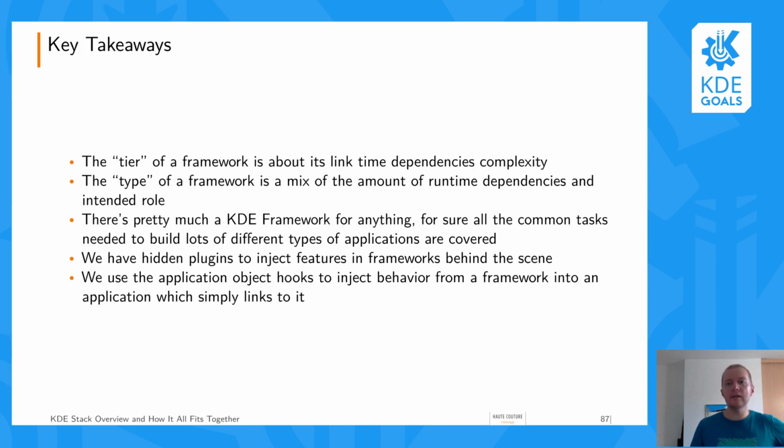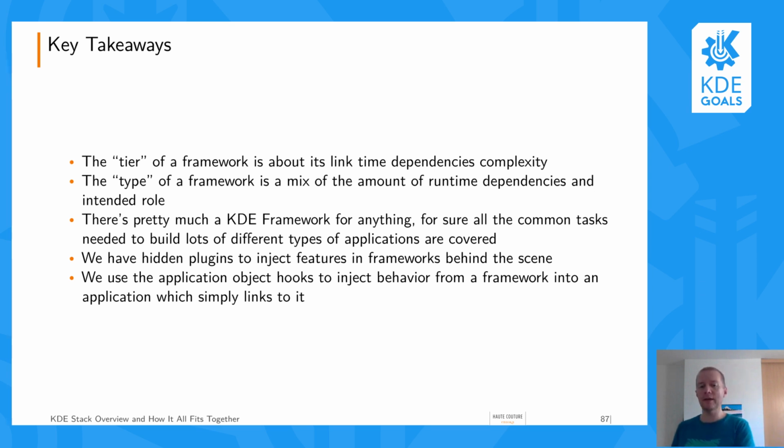Yeah. All right, key takeaways from that very, very quick section. The tier of a framework is about its link time dependencies, complexity. The type of a framework is the mix of the amount of runtime dependencies and the intended role of the framework. There's pretty much a KDE Framework for anything.